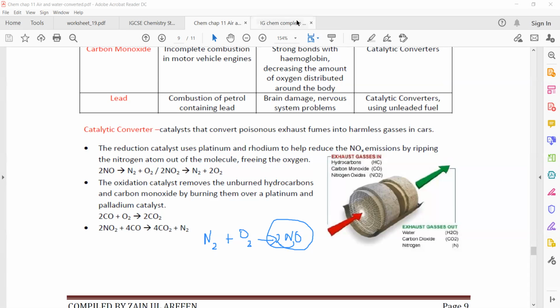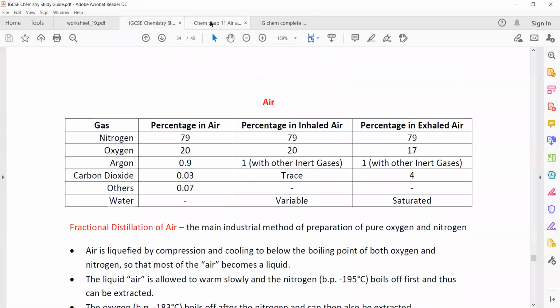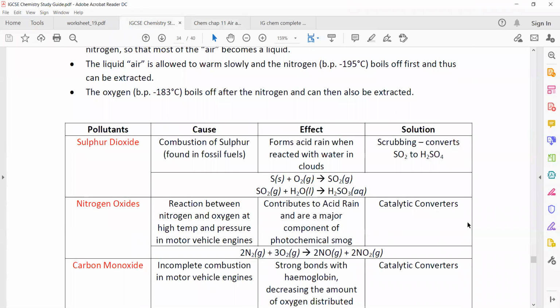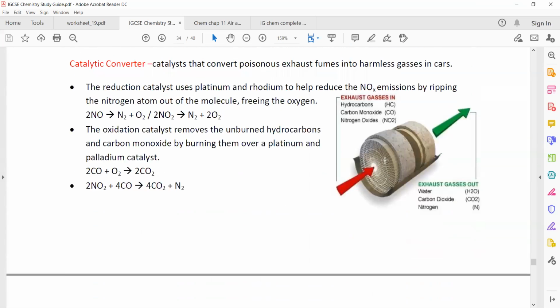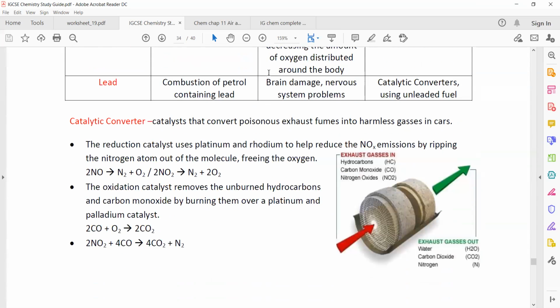So what is the advantage of using a car catalytic converter? This will reduce the emission of unburned hydrocarbons, carbon monoxide, and nitrogen oxides. This is a car catalytic converter.